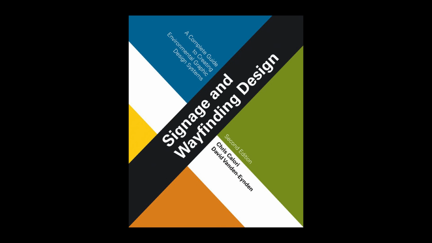LCD screens do not produce their own light, so are backlit, originally by fluorescent lamps, but now primarily by white LED lamps, hence the misnomer LED screen, which is probably intentional because it sounds ultra high-tech, but actually just describes how the LCD screen is backlit, not how the screen images are generated.